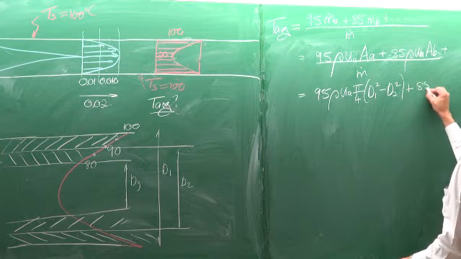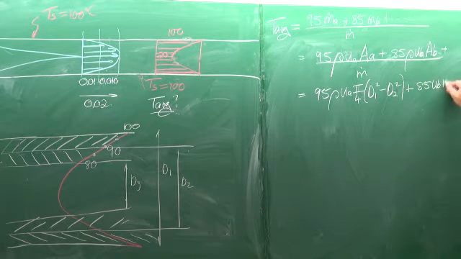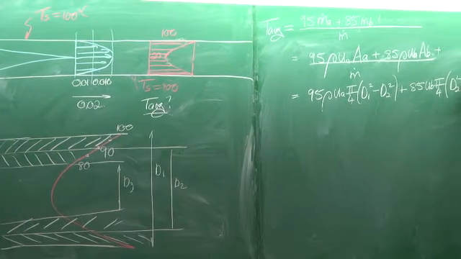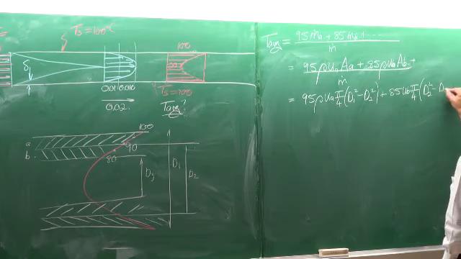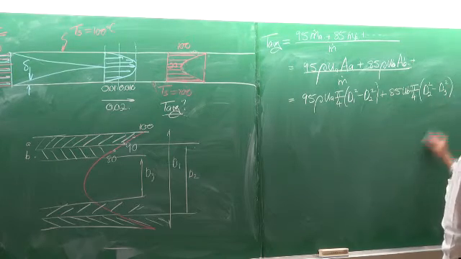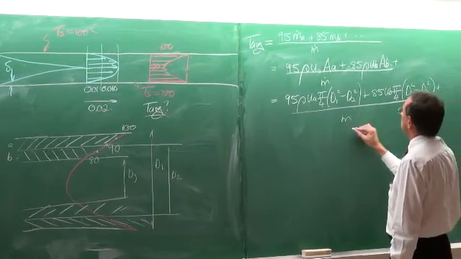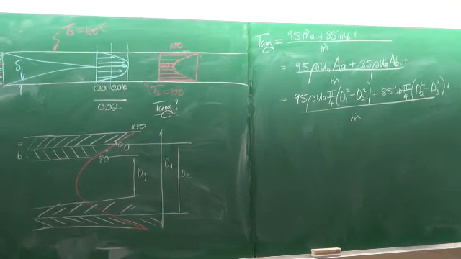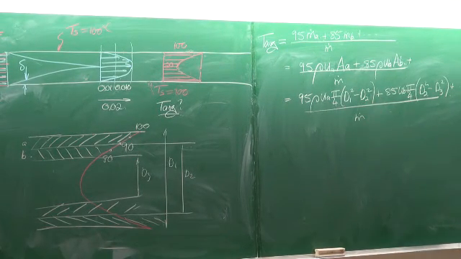Plus the next one, 85, multiplied by the velocity B, pi divided by 4, d2 squared minus d3 squared, etc. Okay? This is the mass flow rate, of course, the mass flow rate of A plus B plus C, etc.